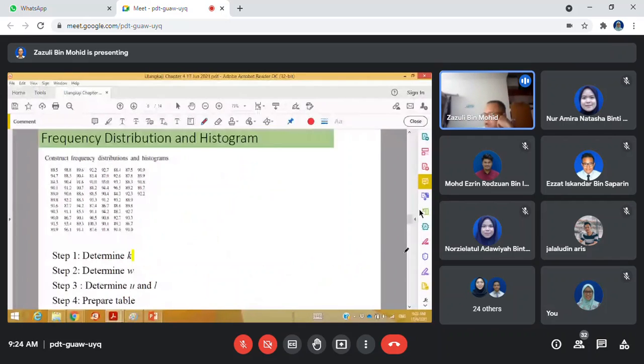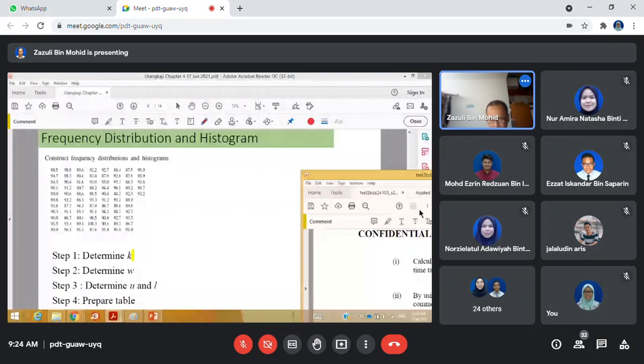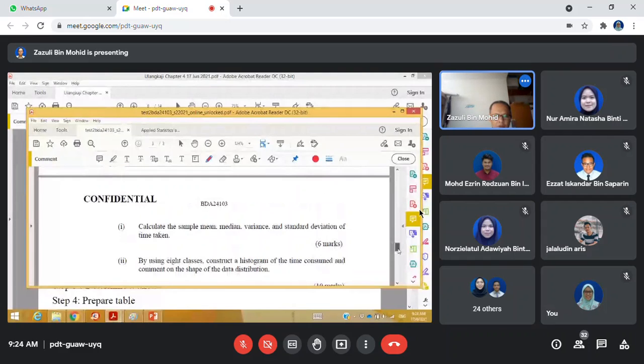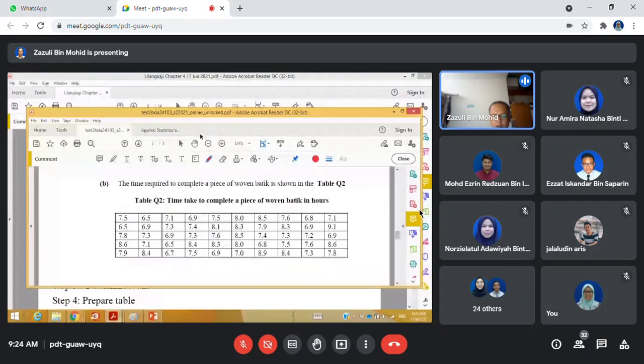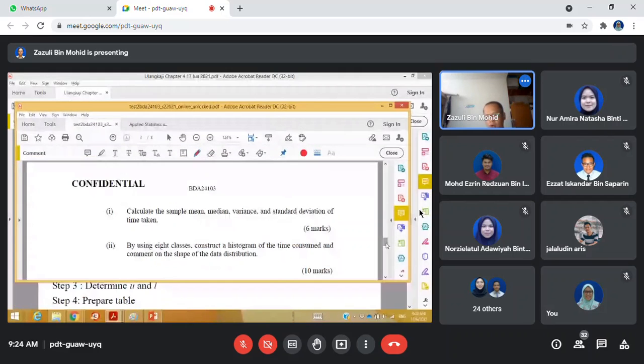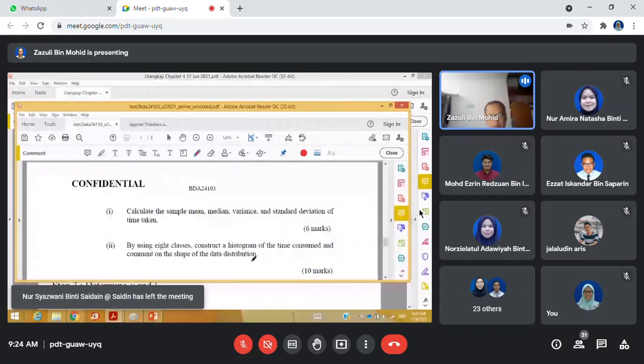You have a question in frequency distribution histogram. You have the data 7.5, 6.1, and so on. You have to construct the histogram and also the distributions.